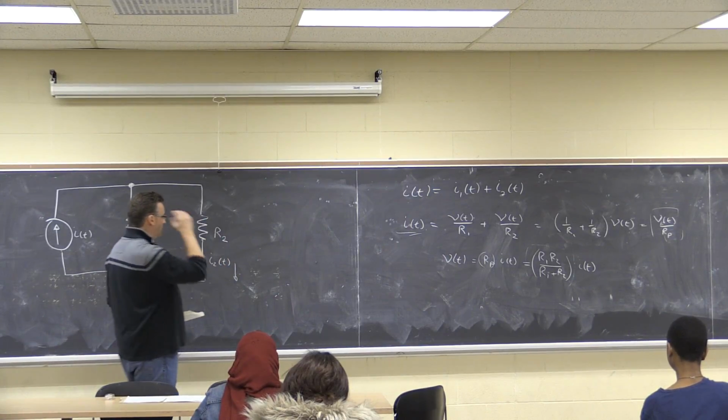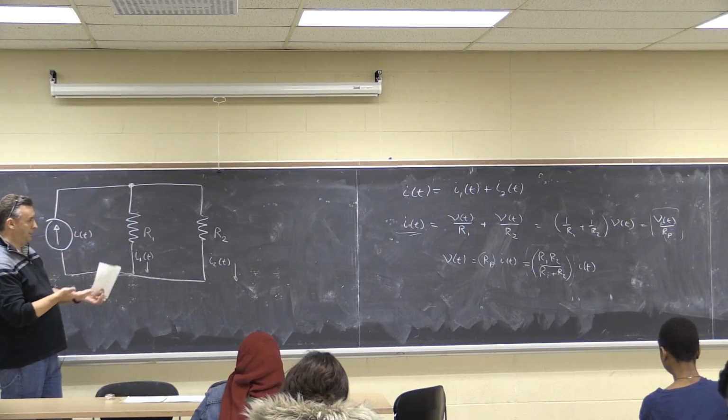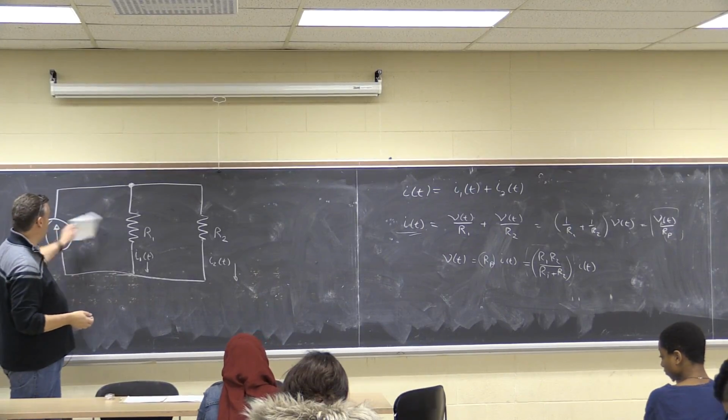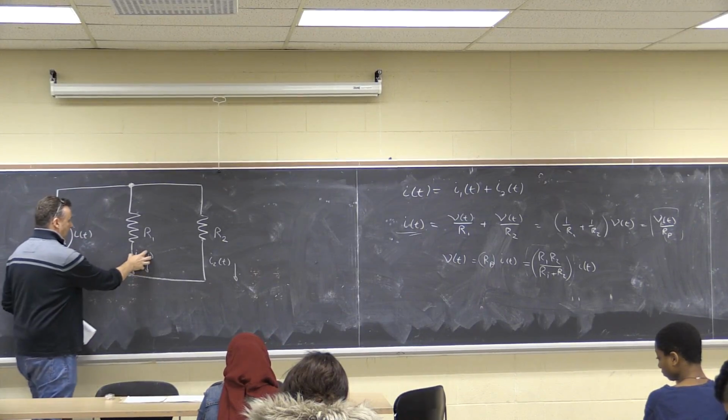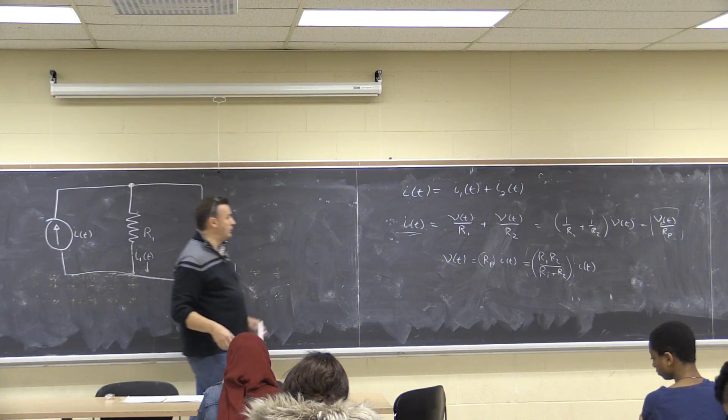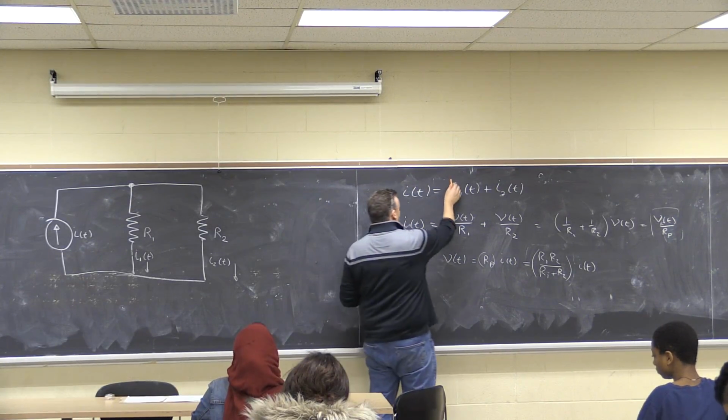Okay, so I know what the voltage is now in terms of the combined resistance and the current flowing into the circuit. So now I can work out what the current in branch 1 and the current in branch 2 would be, because I have these relationships.